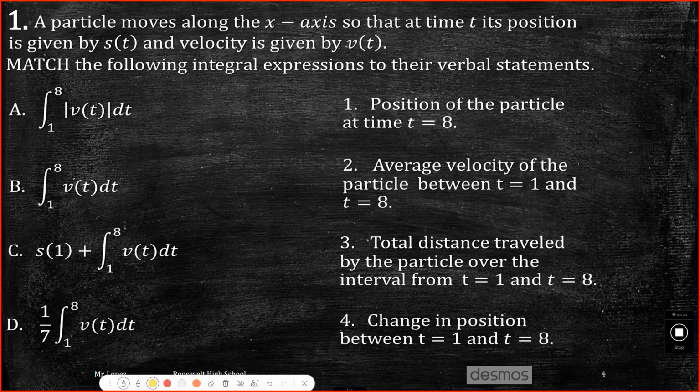Jacob, A. Absolute, so say. So which one? 1, 2, 3, 4? A goes with what? 3. Oh, wait, I did it backwards. I had it like that before, but yes, this is 3. Crystal, which one is B?